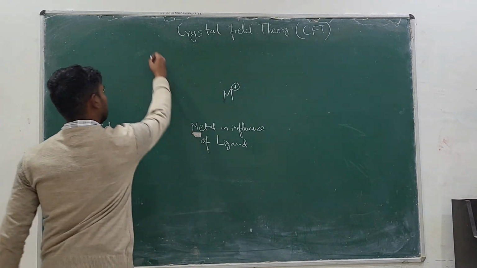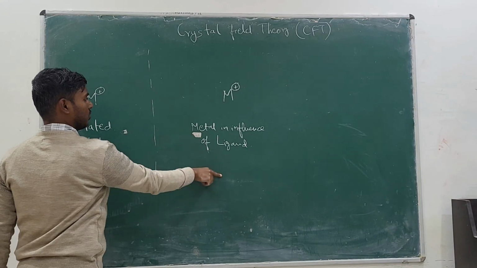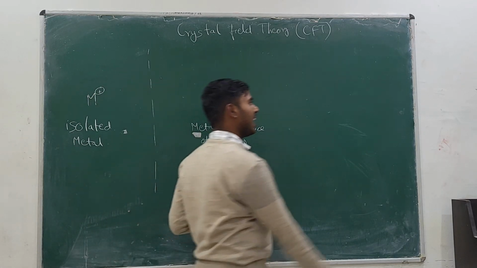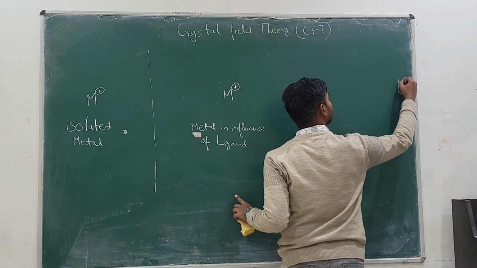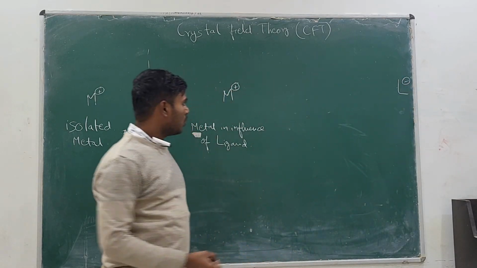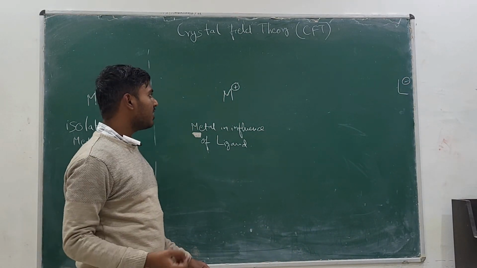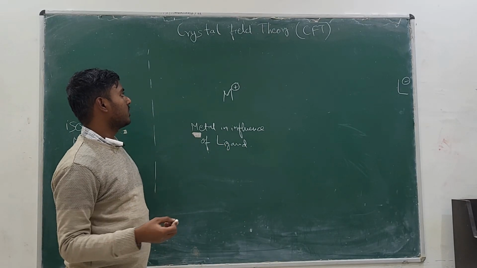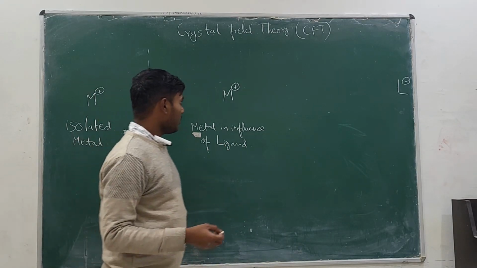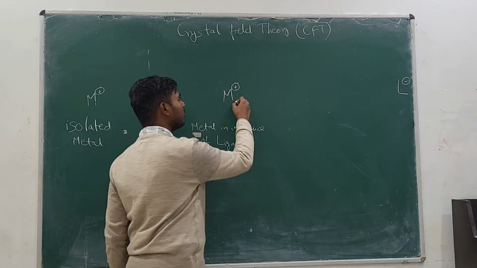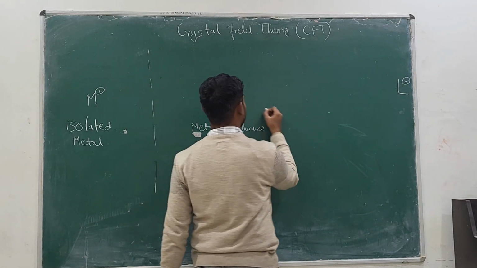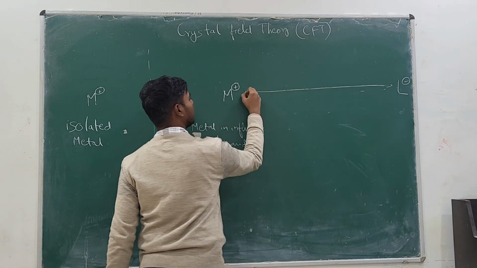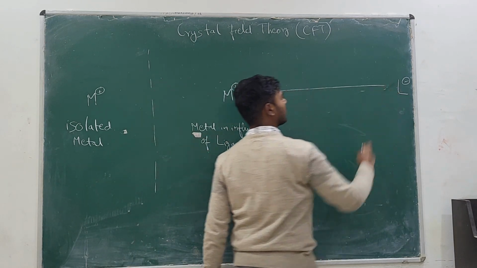Now we can see these two different cases. In this case, our ligand is very far away from the metal. So when the ligand is approaching our metal, the metal experiences two types of forces, attraction and repulsion forces between them. So this ligand is approaching the metal.